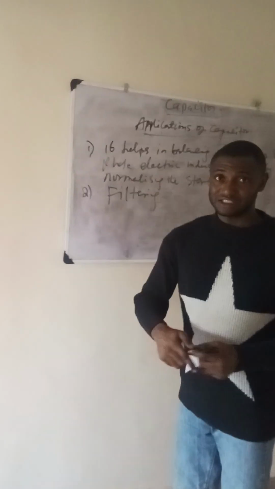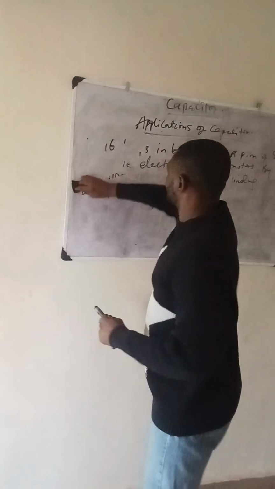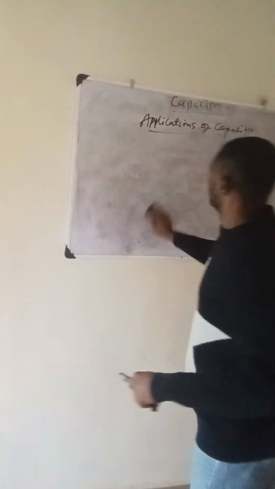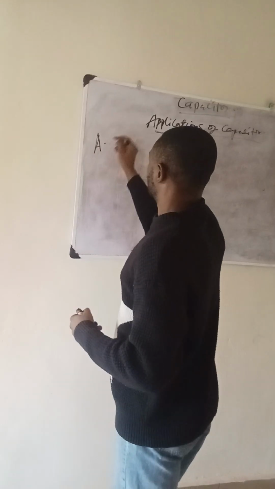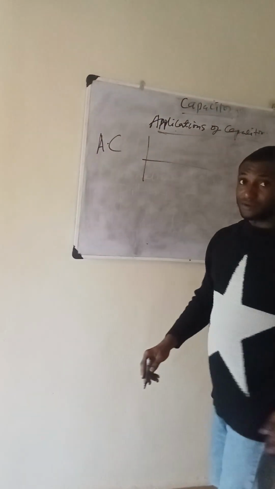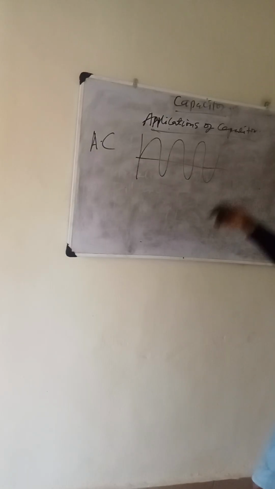If you have AC generated signals, the signals can go this way. This is your wave. You see them wobbling up and down.